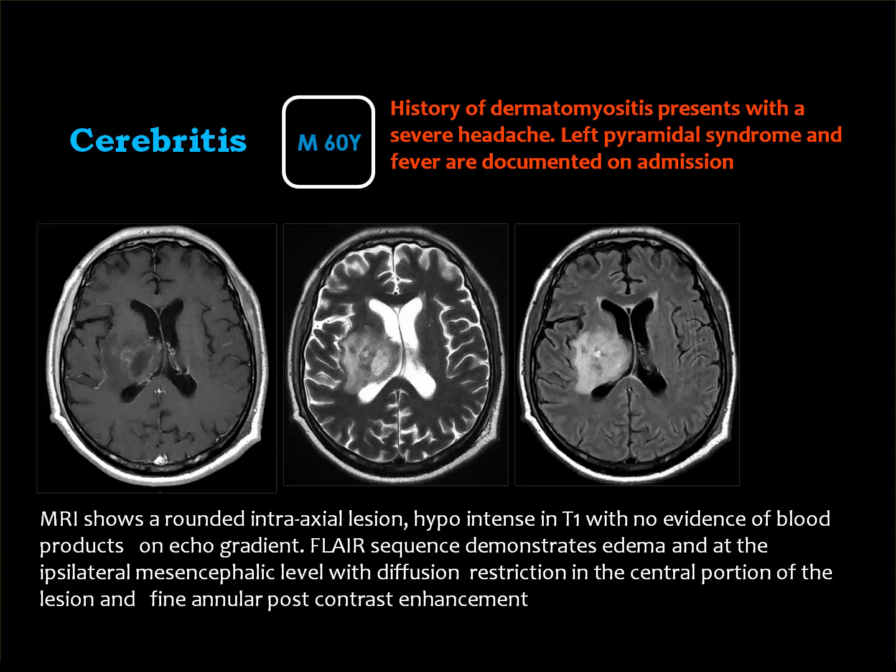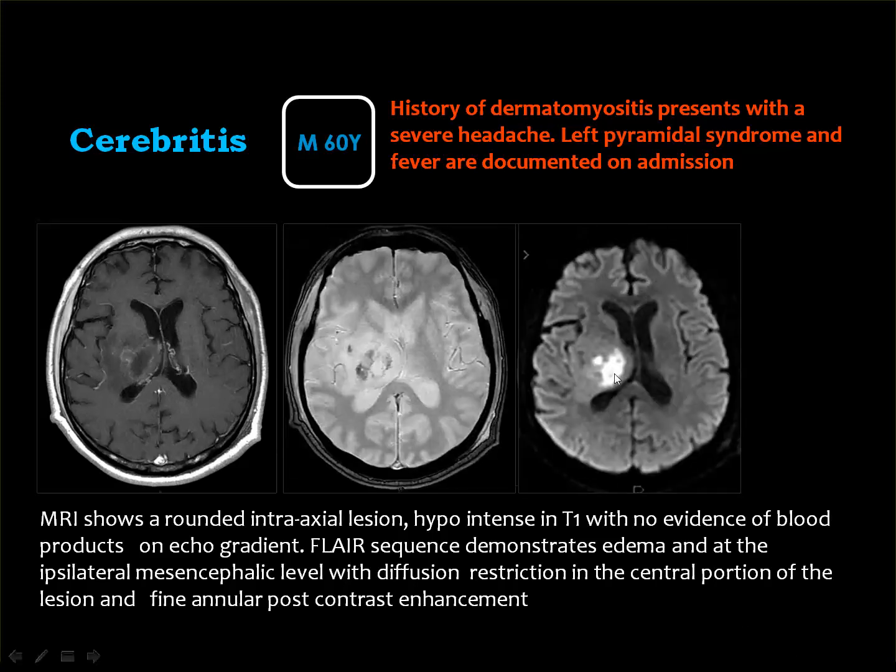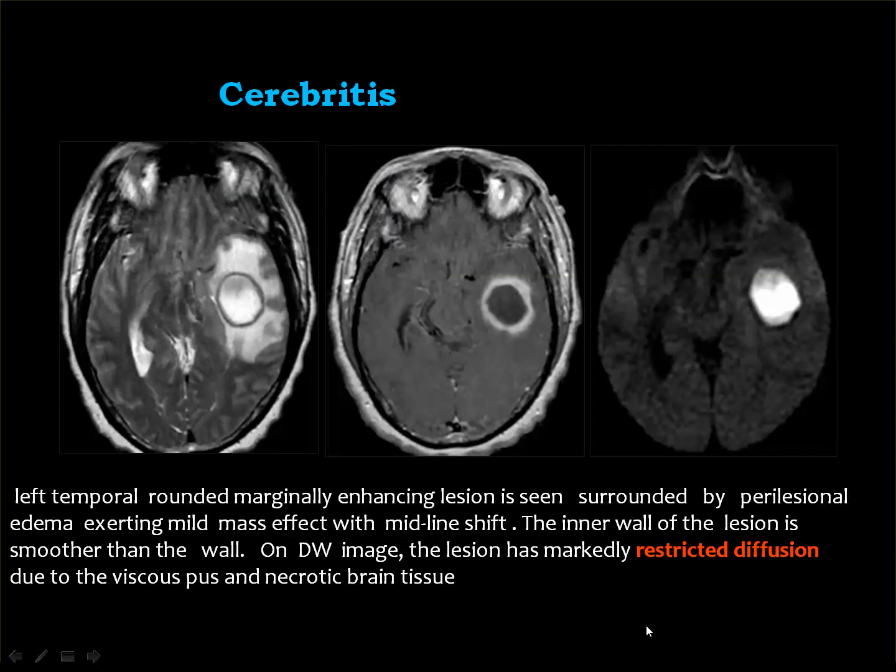This is the scenario. But if the lesion has liquefaction and marginal enhancement with diffusion restriction, then you know that you are dealing with an abscess. And this is the classic appearance of an abscess, a marginally enhanced lesion with diffusion restriction. And you should remember that the abscess in the T2 weighted image has a low signal wall.